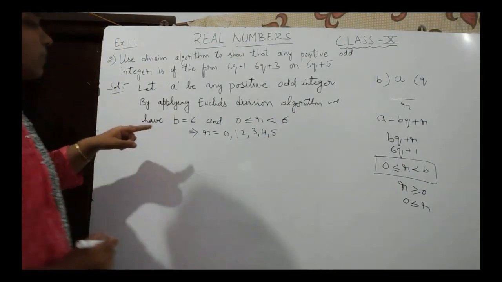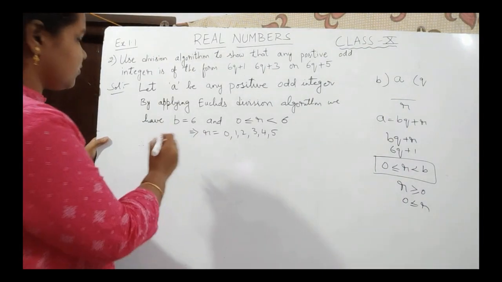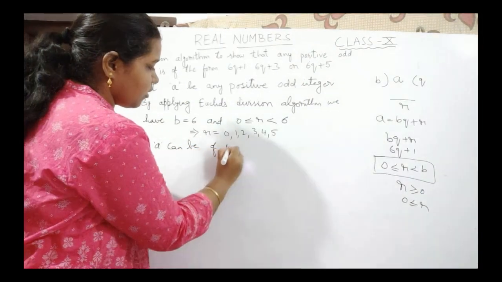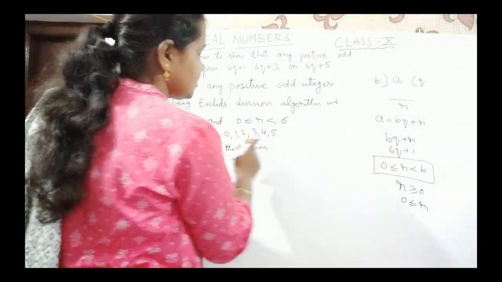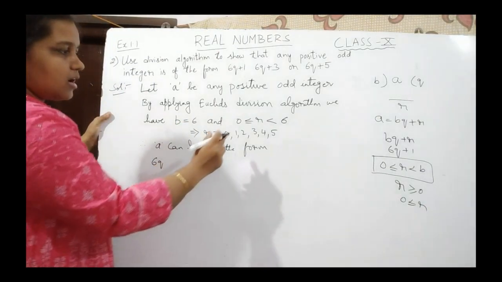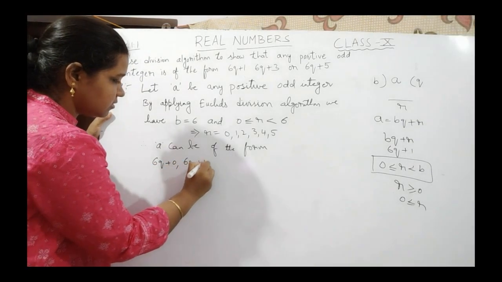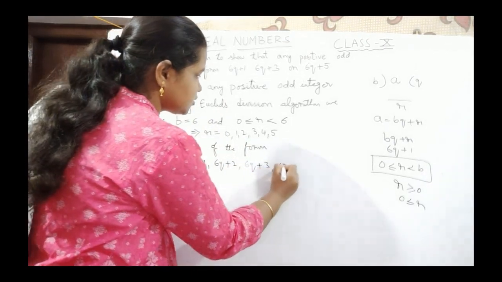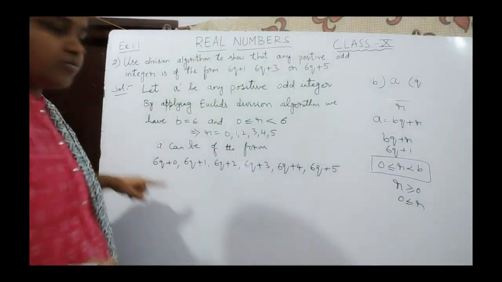So now the next step is: therefore a can be of the form bq plus r. What is b? b is 6 here. So 6q plus r. If r is 0, 6q plus 0, or 6q plus 1, 6q plus 2, 6q plus 3, 6q plus 4, 6q plus 5. a can be any of these forms.